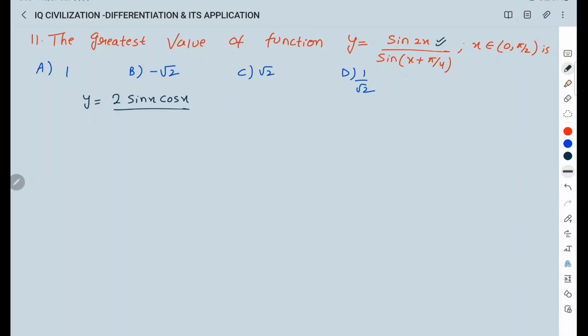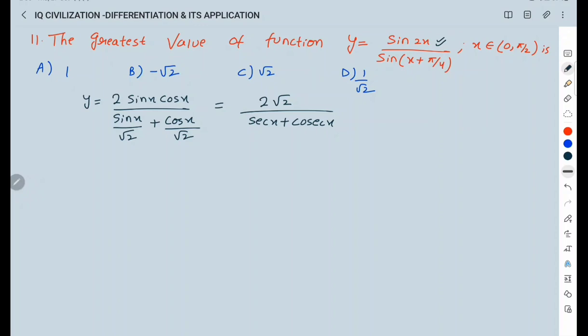This is in the form of sin a plus b. Sin a plus b means sin a cos b plus cos a sin b. So sin a cos b is 1 by root 2, and cos a sin b is also 1 by root 2. So here it becomes 2 root 2 by secant x plus cosecant x.